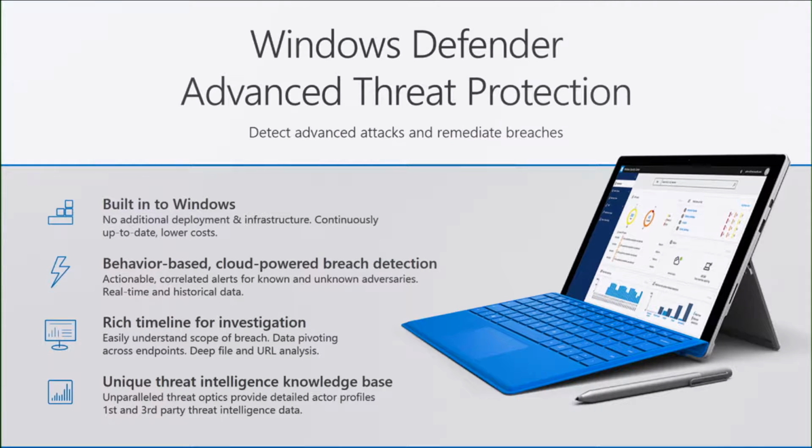And the fourth piece is unique threat intelligence, and you have to remember that as all these signals are being sent to the cloud, we are part of this security intelligence graph that Microsoft is maintaining. We have billions of signals in the cloud that are sitting. We have threat intelligence that is coming from our own hunter groups.